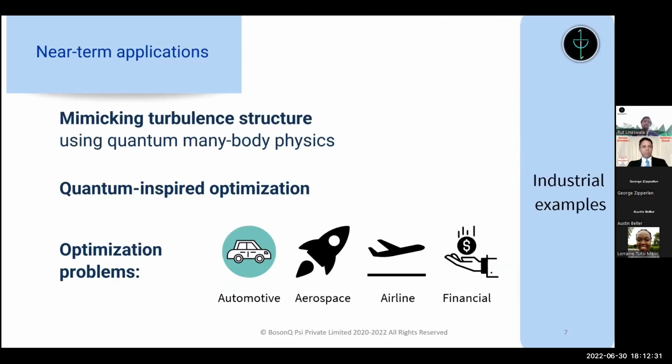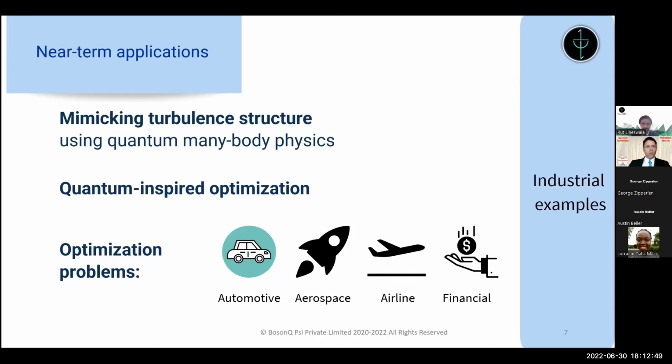So looking at the near term, the best answer for utilizing quantum technology is to utilize quantum principles in your simulations.